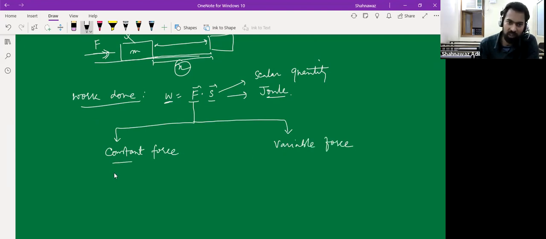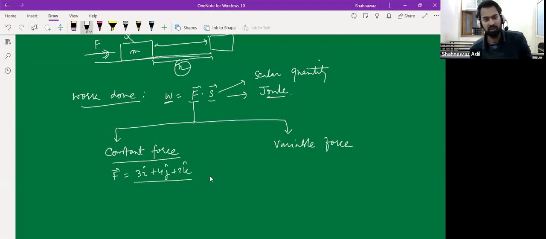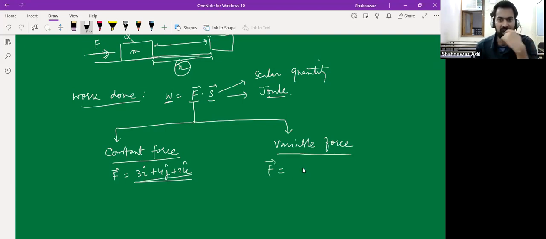Constant force means that, let's say in vector form, you have 3i plus 4j plus 3k. This doesn't depend upon the position or the time, so it doesn't change. So this is a constant force. In a variable force, let's say your components are varying.